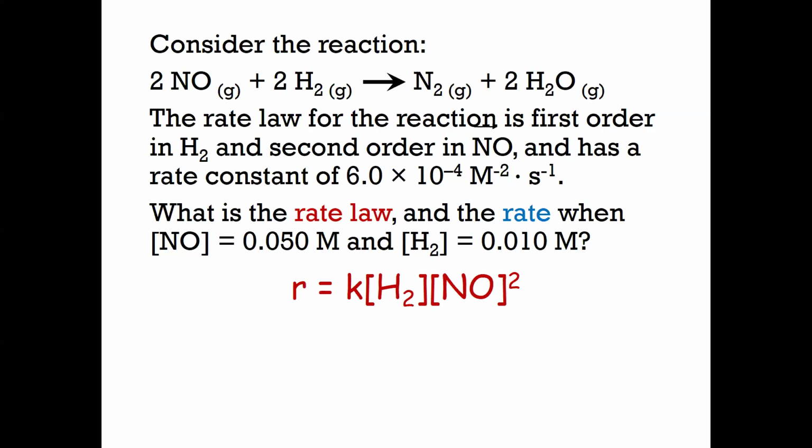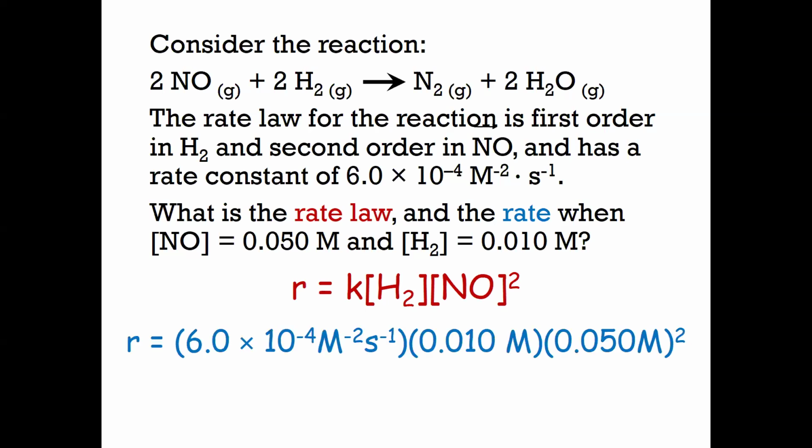What is the rate then when the concentrations of NO and H2 are given? Well, this is going to be simple substitution. So we plug in our values of rate constant, concentration, and apply the correct exponents. Our answer is the rate will be 1.5 times 10 to the minus 8 molar per second.